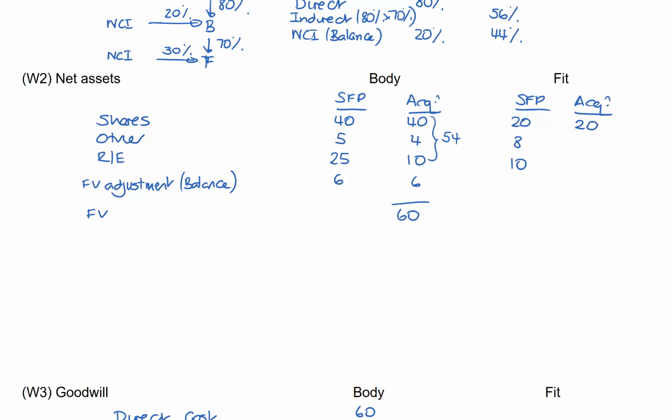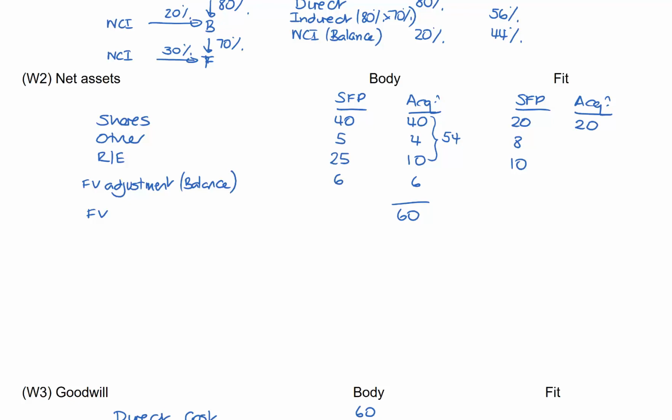Now let's think about what we've done. We've just increased equity by 6. The only way we can get the balance sheet to balance is if we're going to increase equity by 6, we must increase the other side of our statement of financial position by 6 as well. And what are we doing here?